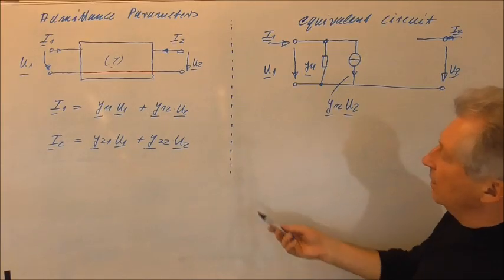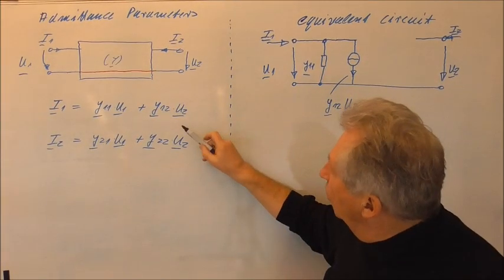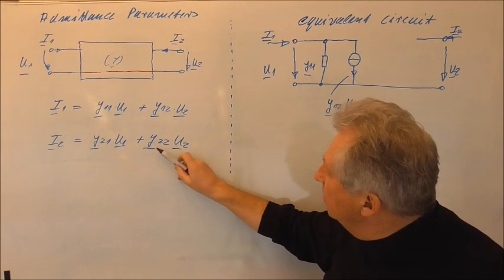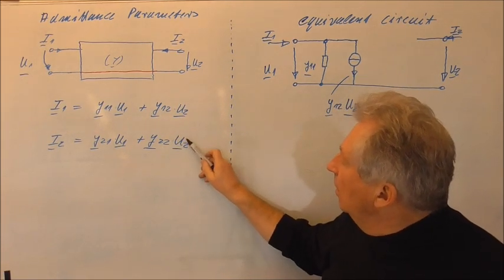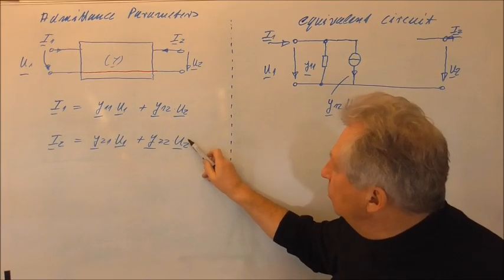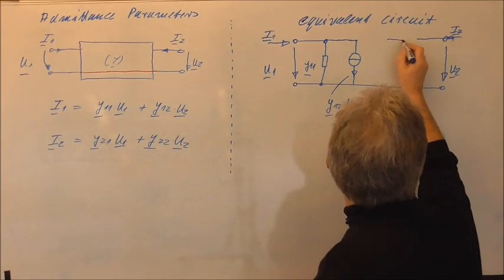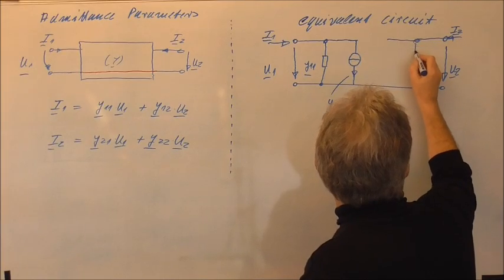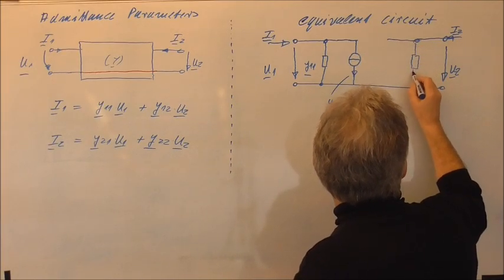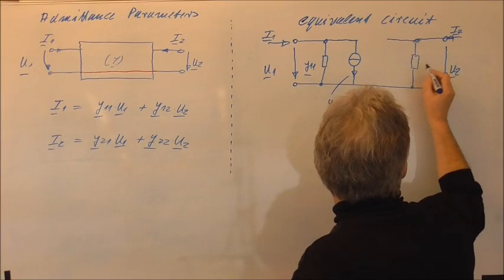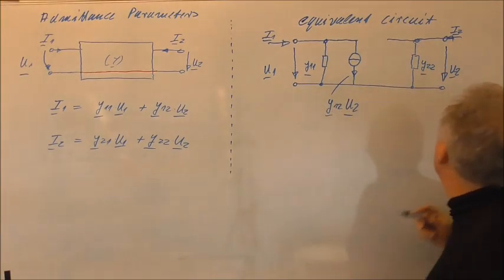And also you see here I2 consists of a current which is due to an admittance and which is proportional to the voltage U2. So I can write here this element describes now the output admittance, the short circuit output admittance.